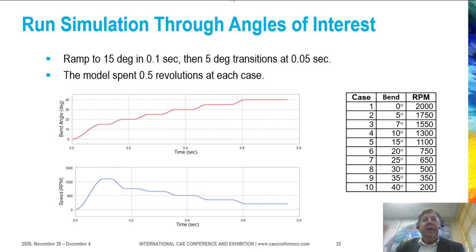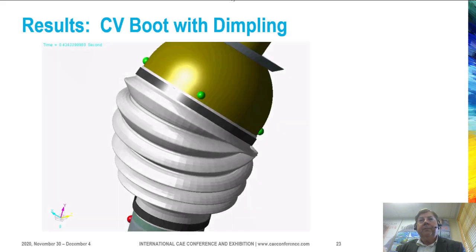And then as we proceed through the simulation, as we increased the transmission angle, we decreased the speed according to the client's specifications, because the higher transmission angles corresponded to higher steering. And when you have the maximum steering applied, the vehicle is not going to be traveling at the fastest speed. And so this takes all that into account.